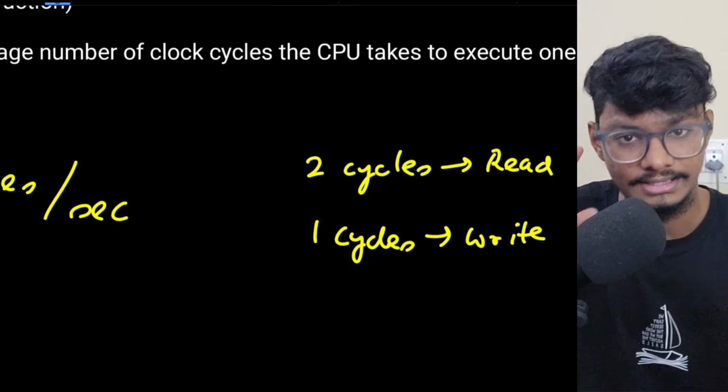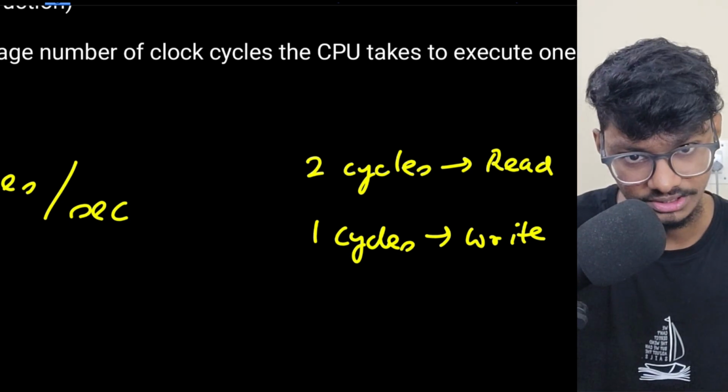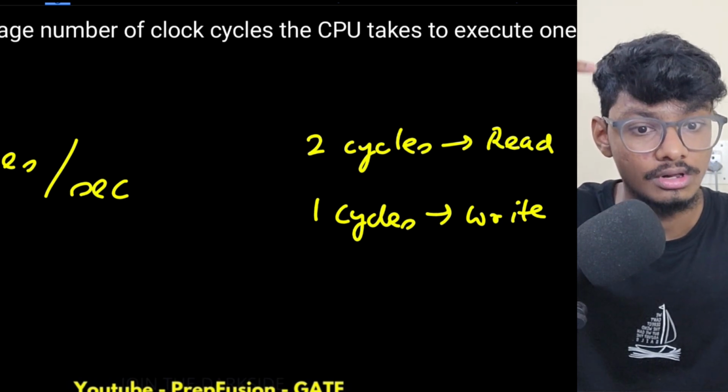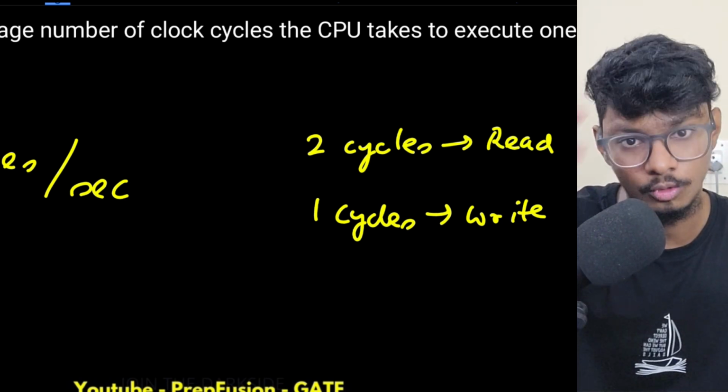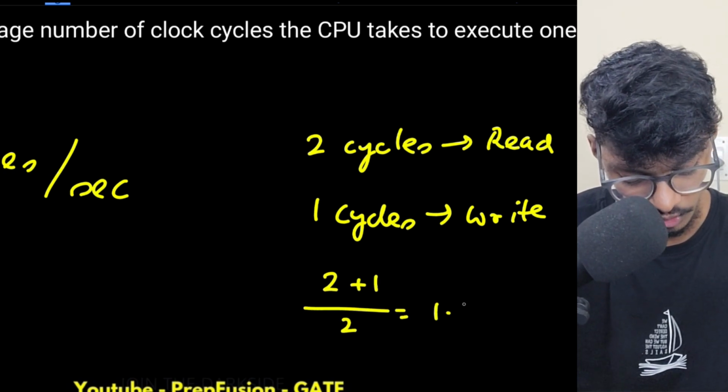Now if an instruction has both read and write operations, what will be the average number of cycles? 2 plus 1 divided by 2, that is 1.5 cycles.